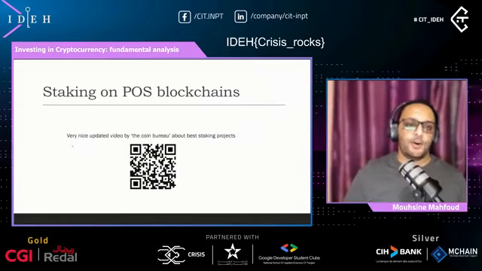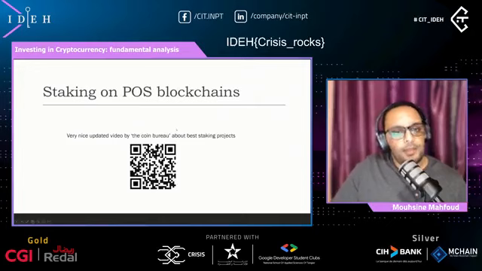Then staking on proof of stake blockchains. Staking is one of the most guaranteed ways to get money from the blockchain. You buy a coin, you stake it for a certain amount of time, and you will get a percentage of the gains.